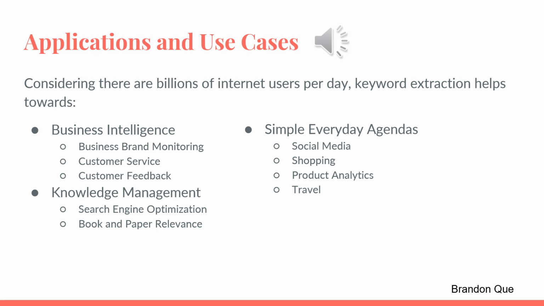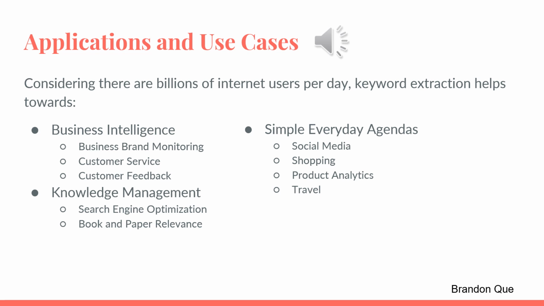And on a greater scale, keyword extraction is used towards things that are happening in our daily lives in general. Social media monitoring is a big example where people are free to express their feelings, thoughts, and opinions on a variety of topics. It helps towards something as simple as shopping, where it is able to recommend a product you might also need given your current trends in search queries.